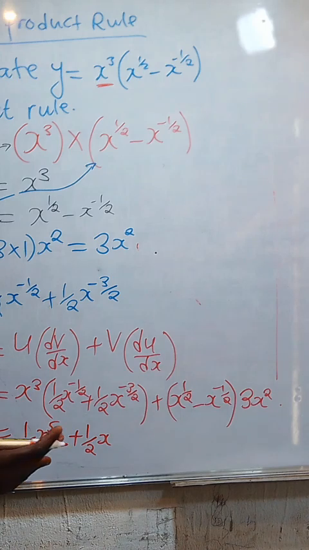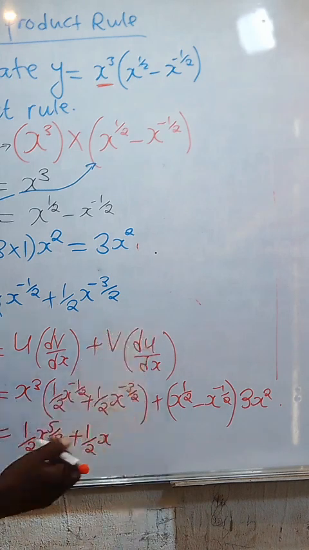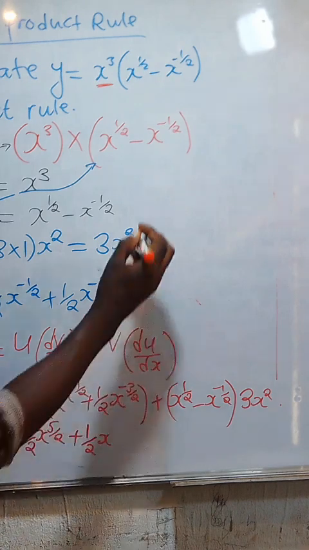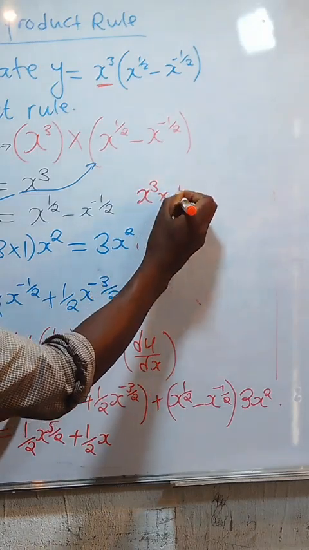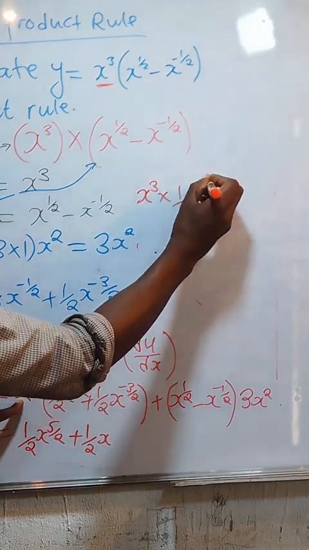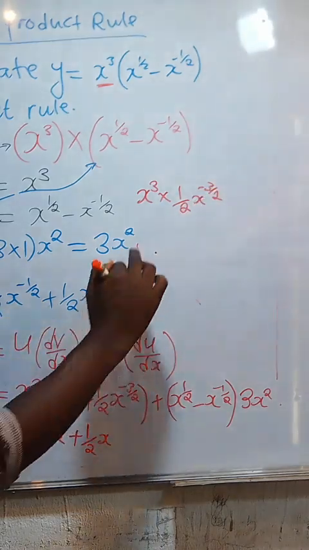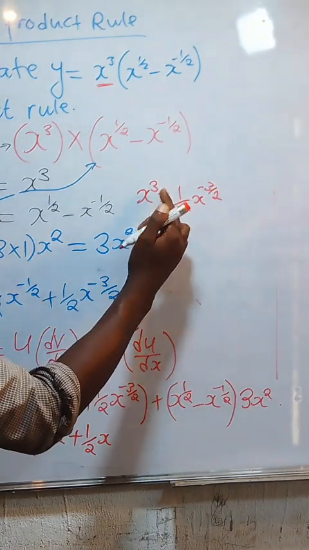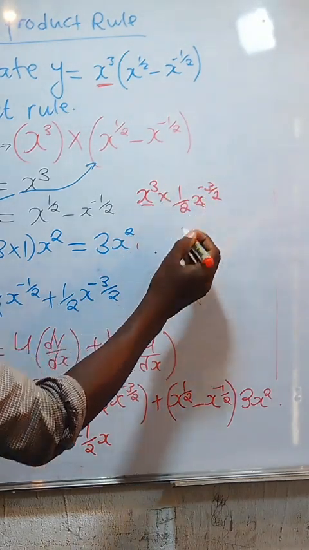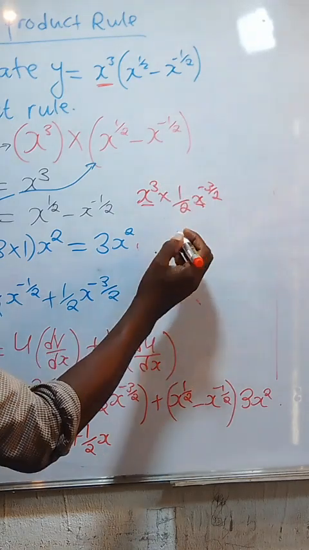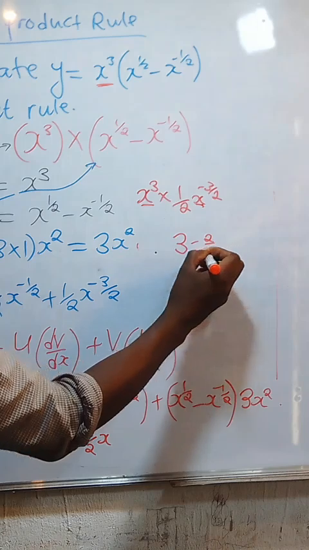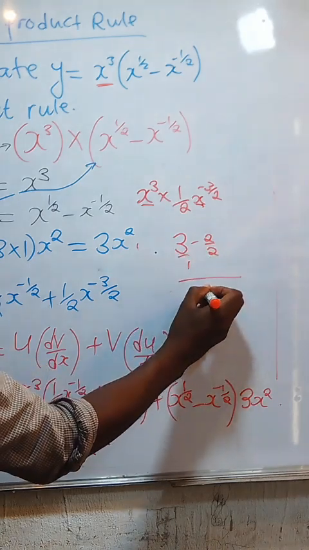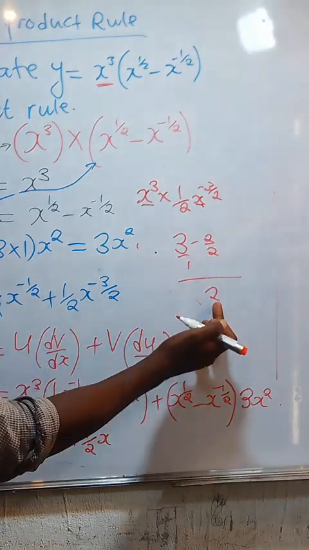Now I'm also going to work this out on this one. So this x times this. So I'm saying x to the power 3 multiplied by half x to the power negative 3 over 2. So what is happening is the bases are the same, so you add the powers. This is going to give us 3 minus this over 1. The lowest common denominator is 2.